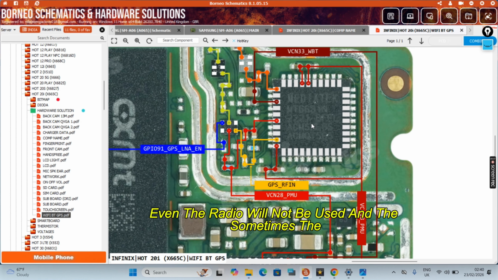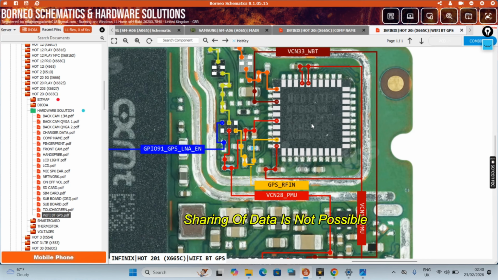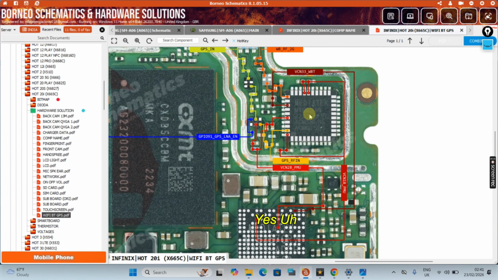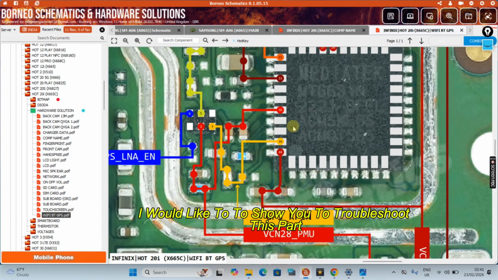And sometimes the sharing of data is not possible. You cannot use Extender or any app that is used for data transfer, it will not work.